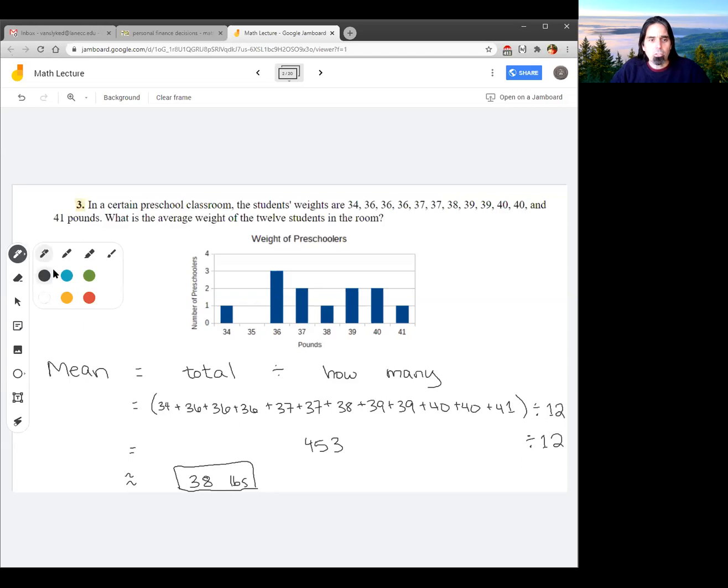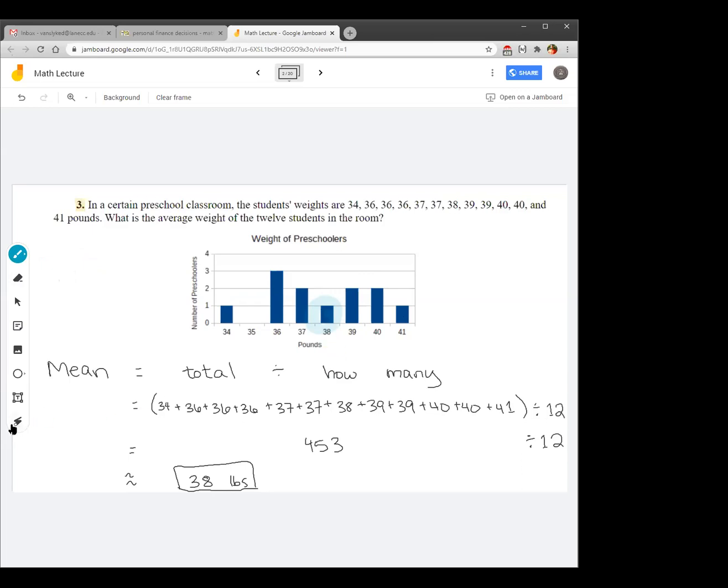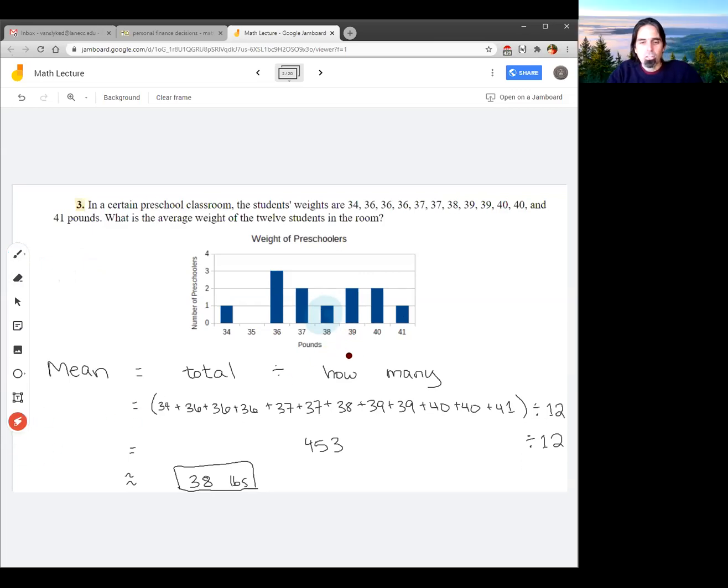If we look at our histogram, does it make sense that 38 pounds is a good representative for the sample? Yeah. Most people would say yes, and our eyes are very good at this. It sort of looks like there's some balance.